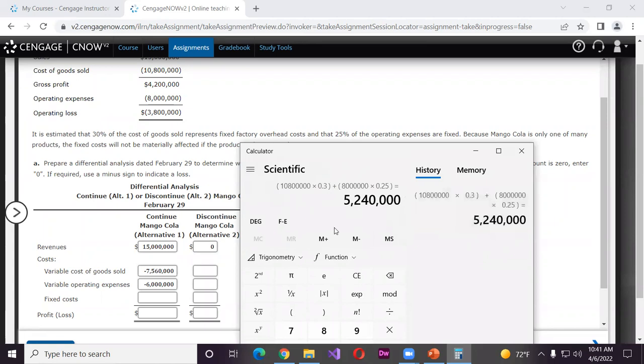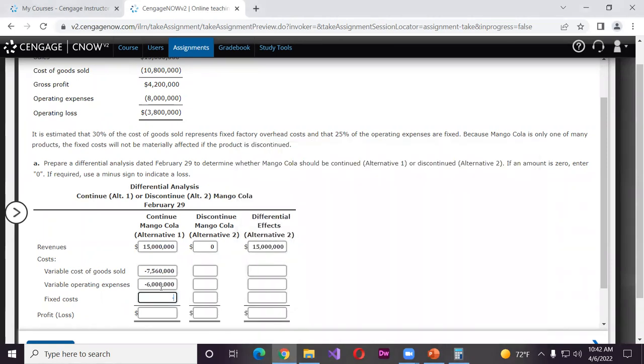So that's my fixed cost, 30% of the cost of goods sold and 25% of the operating expenses, 5,240,000.